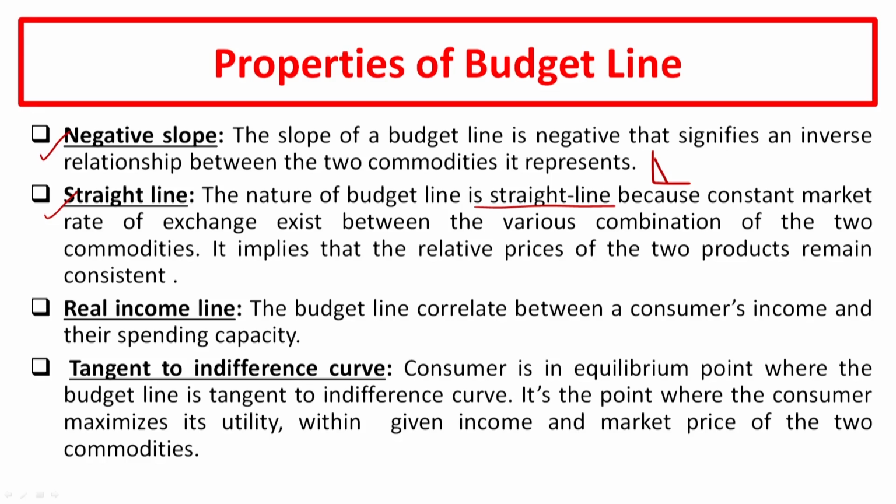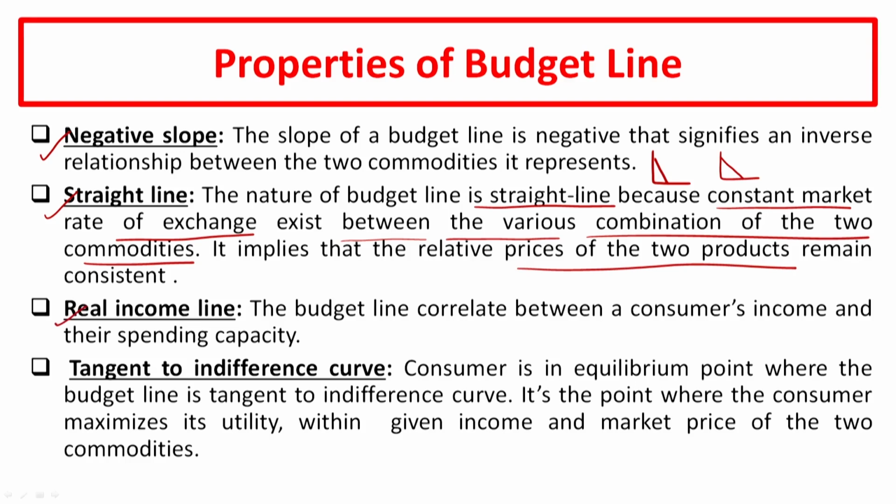And that is why the price line is sloping downward, and at the same time it is a straight line, which signifies that a constant market rate of exchange exists between various combinations of the two commodities at the price of the product, and the price of the product remains constant and certain.